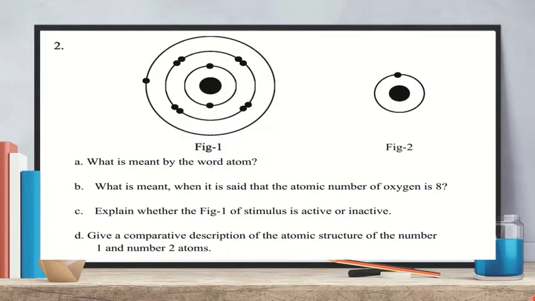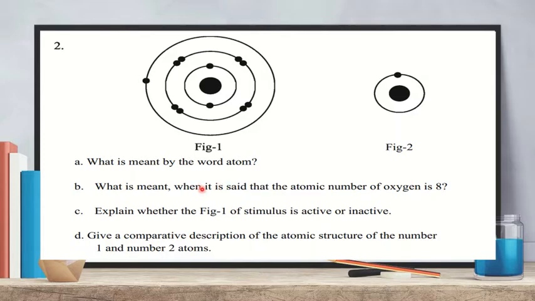Now question number 2. Look, there are 2 figures, figure 1 and figure 2. There are the electronic configurations of 2 atoms. The first figure is the electronic configuration of sodium, and the second figure is the electronic configuration of oxygen. Now, what is meant by the word atom? You know this. The smallest part of an element is called an atom.